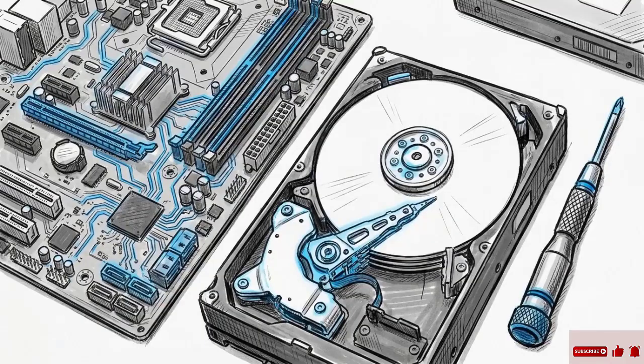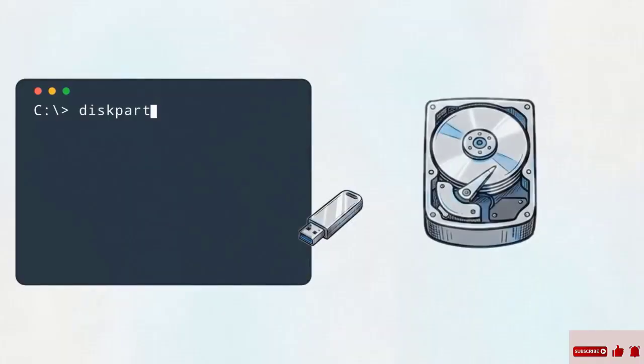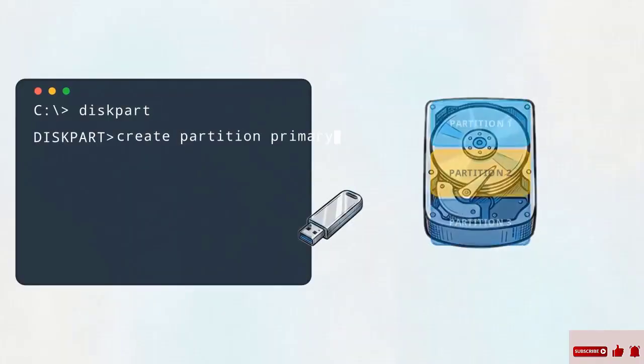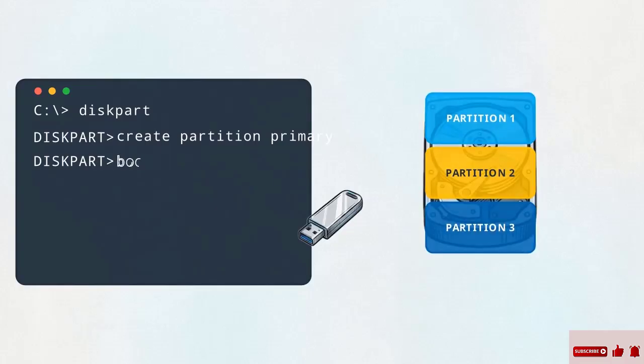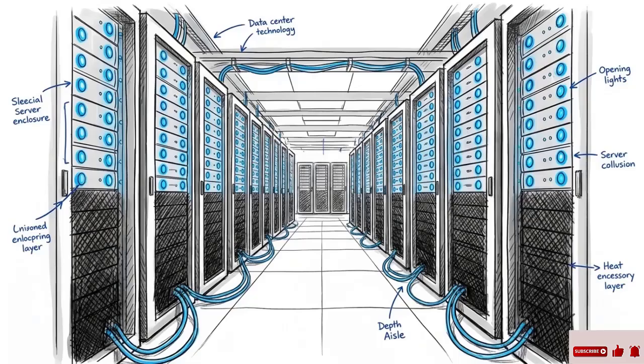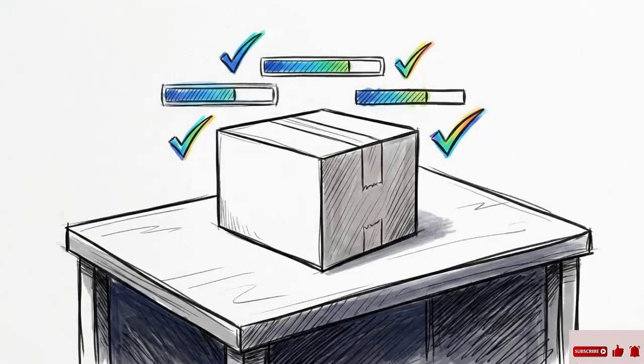The lowest level of this continuum is the bare metal installation. This requires physical interaction with the hardware, using local media and command line interfaces to manually partition hard drives and write boot sectors. The highest level operates entirely above the hardware layer. Through zero-touch, cloud-based automated provisioning, an administrator can fully configure a device before the end user even opens the box.